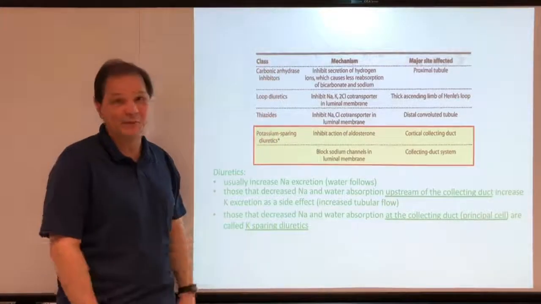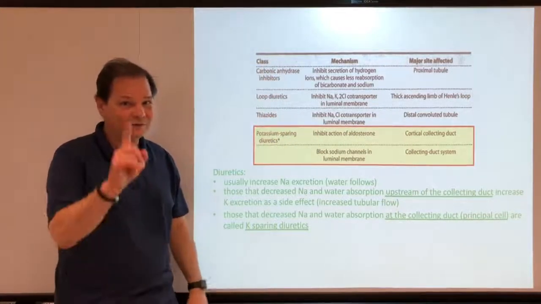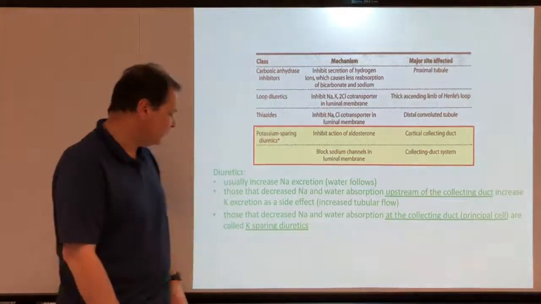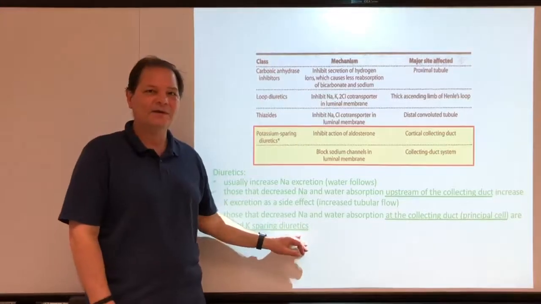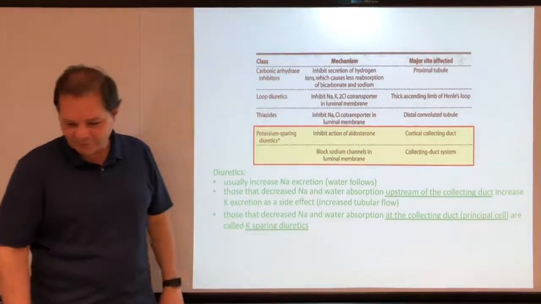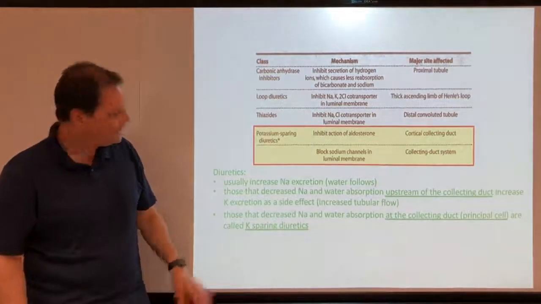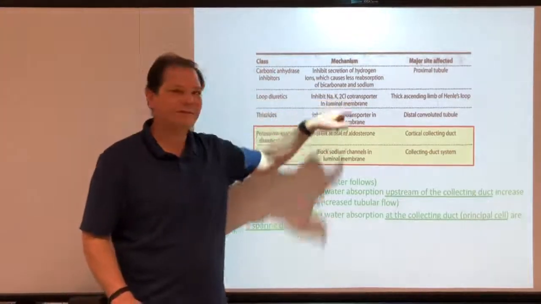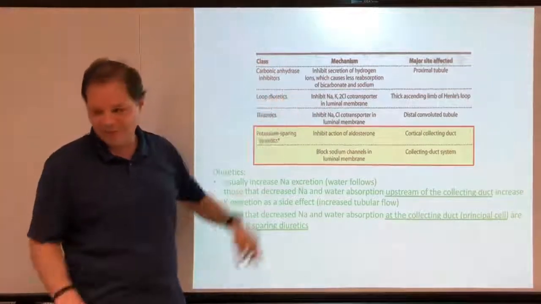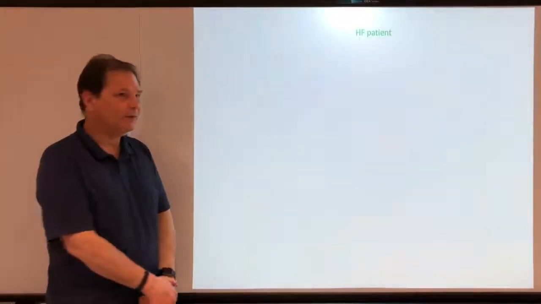Okay, basically at the principal cell where aldosterone's acting, by the way, as we'll see in a moment. So these are called potassium-sparing diuretics because they don't increase potassium secretion, not like these do. And note the loop diuretics are in this potassium-wasting category, okay? You're going to use those a lot.